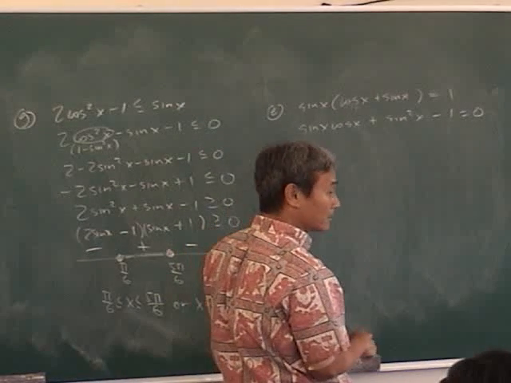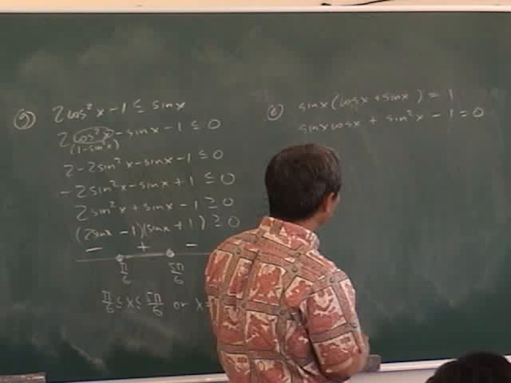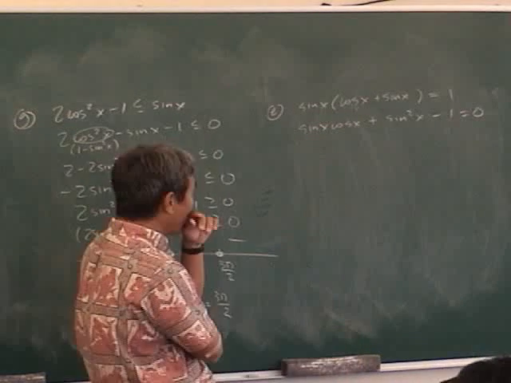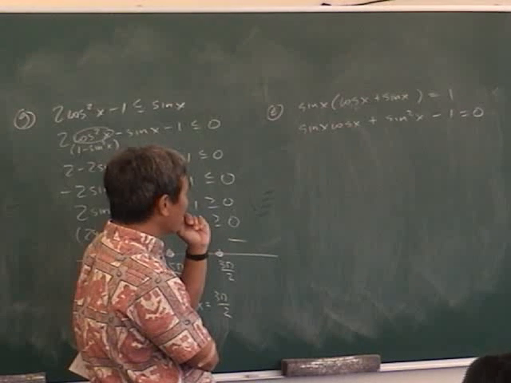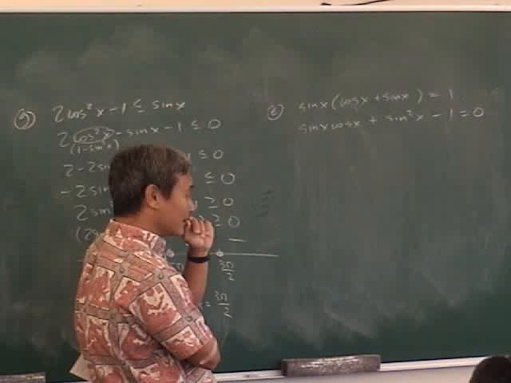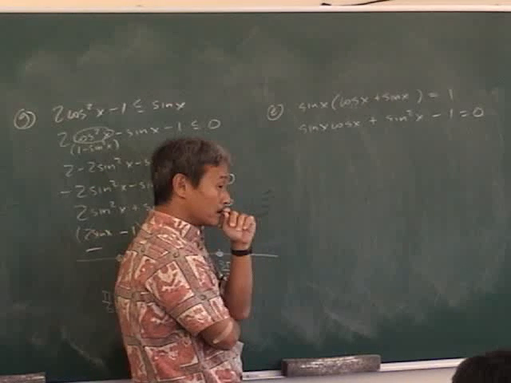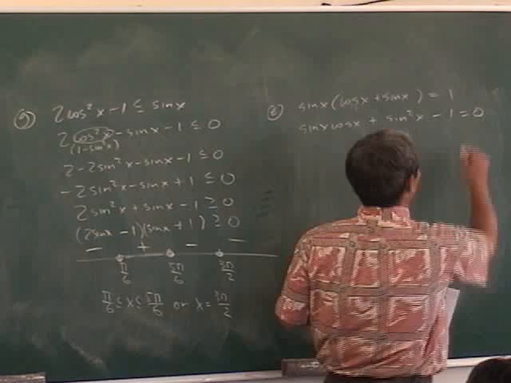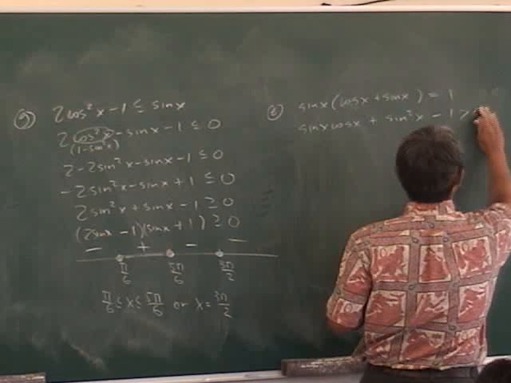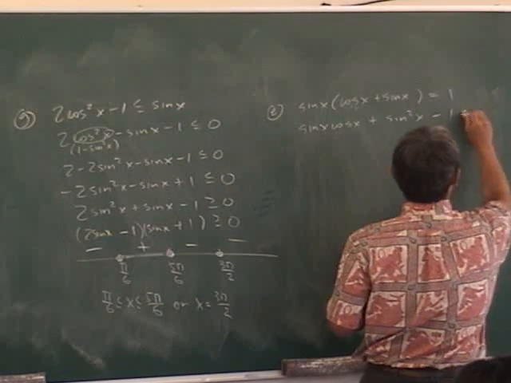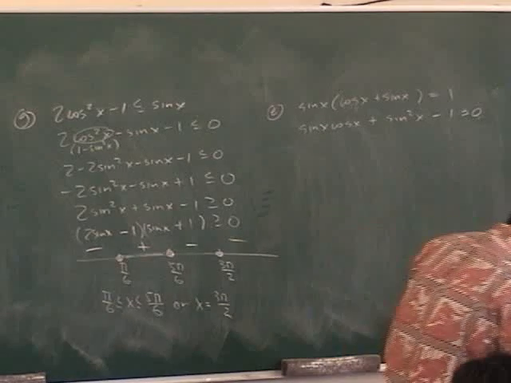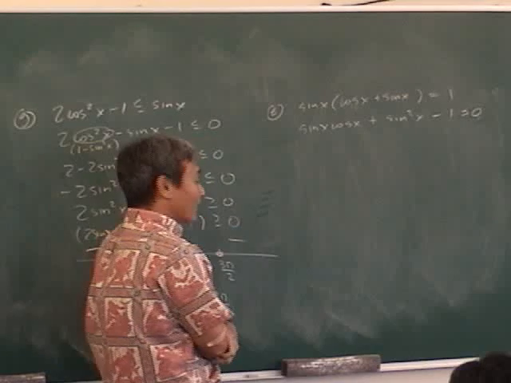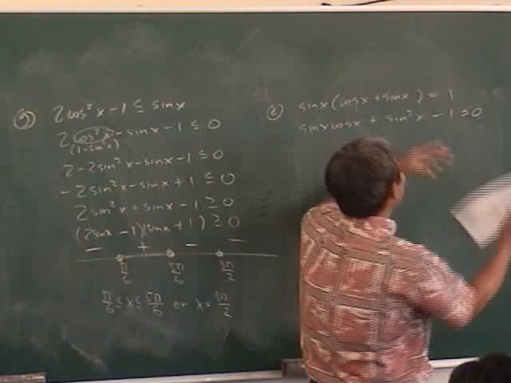Couldn't you make sin x equal cosine x? Because this is sine squared x plus cosine squared x equals 1. So shouldn't the sin x have to be the cosine? No, you can't do that. You have to make one side 0, and you have to factor this side.